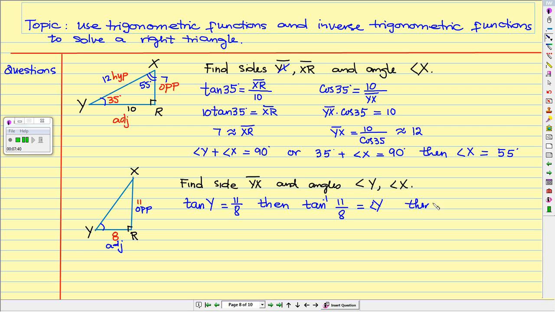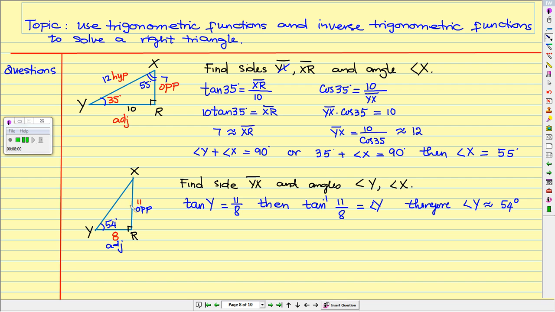Therefore, the angle Y is about, rounding to the nearest whole number, 54 degrees. So now we found the angle Y, 54 degrees.